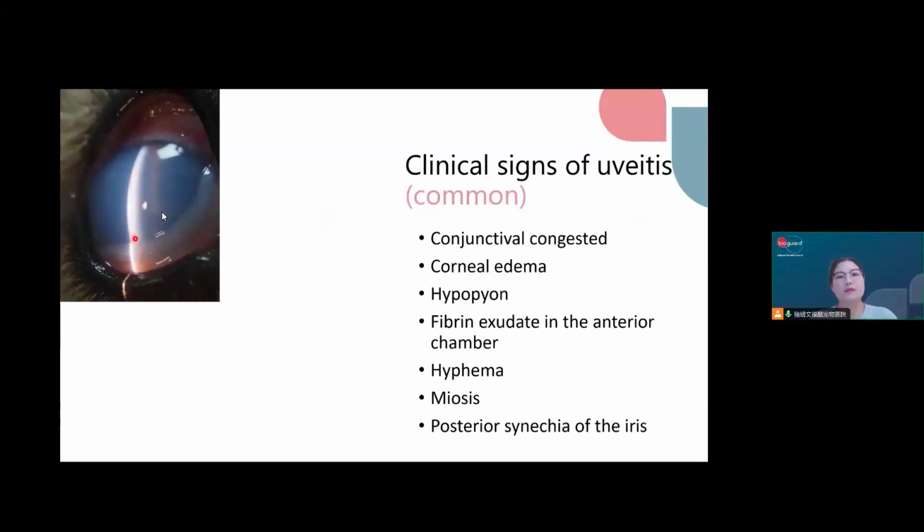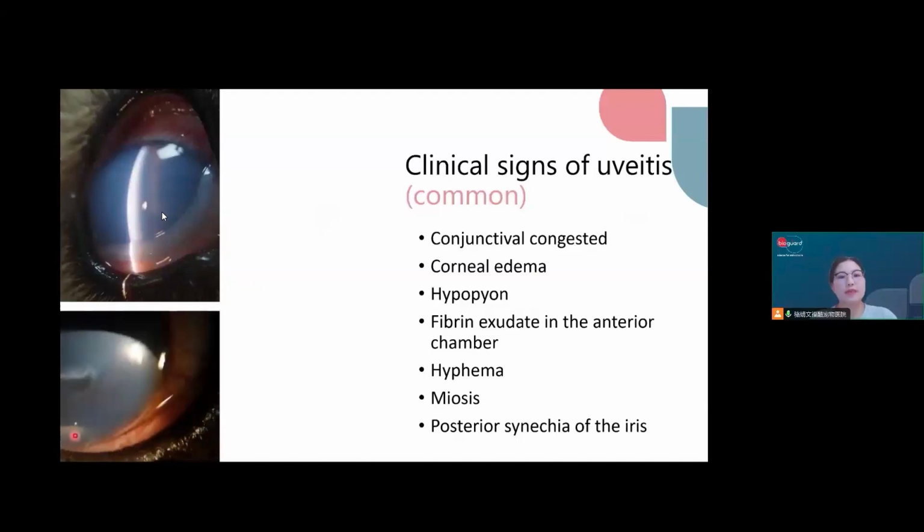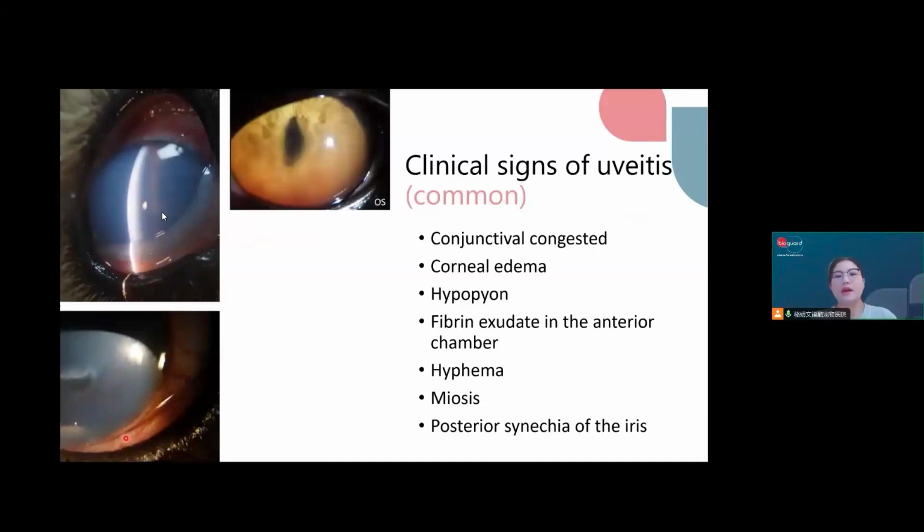That means this cornea was edematous. And you may encounter hypopyon. See here, the white sediment and fibrin exudate in the anterior chamber. This is very common in the cat.